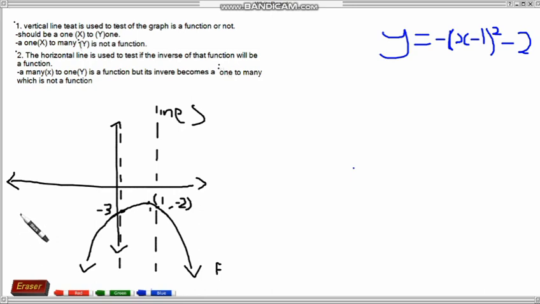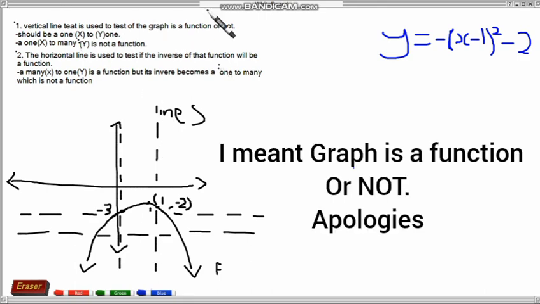Let me draw a couple of lines. This line intersects the graph. I'm drawing two lines here. These two vertical broken lines are the vertical lines used to test if the graph is a function or not.